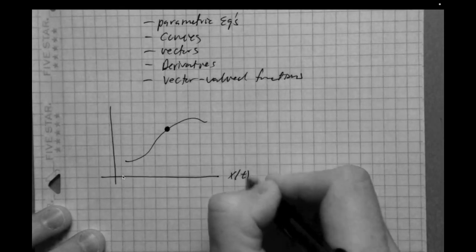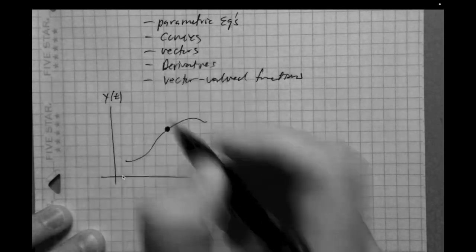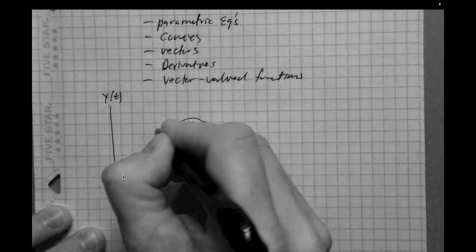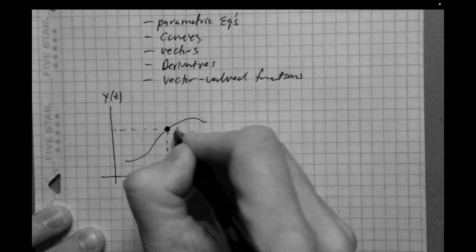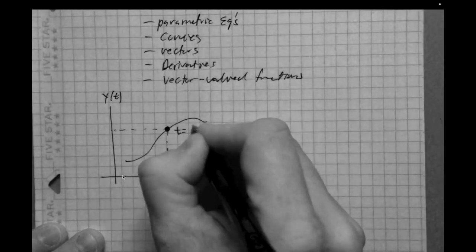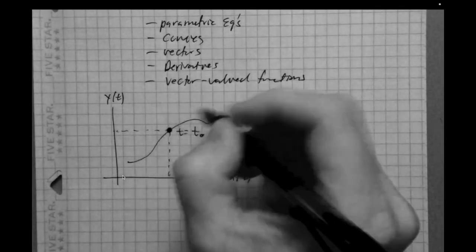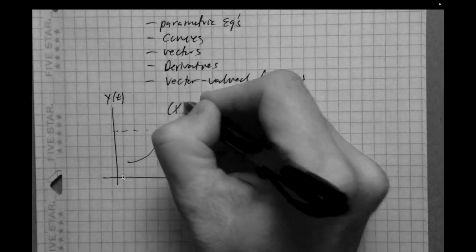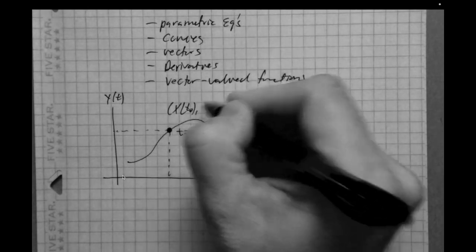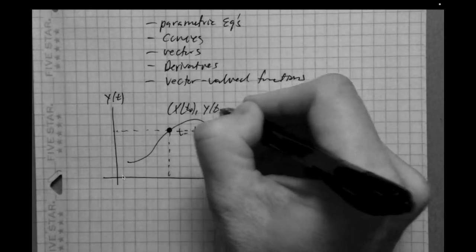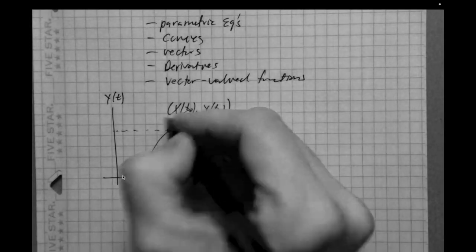So we can think of this as x(t) and this as y(t). Wherever the object happens to be at time t equals t naught, there's going to be some kind of a coordinatization of that.